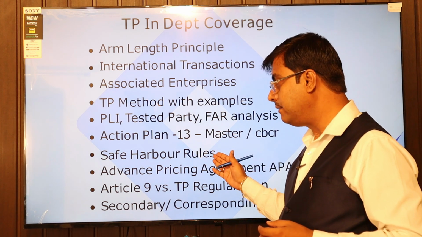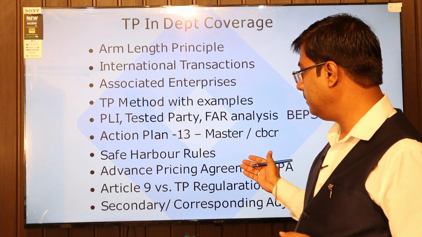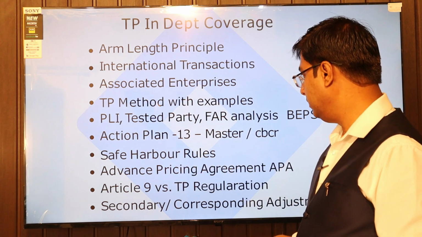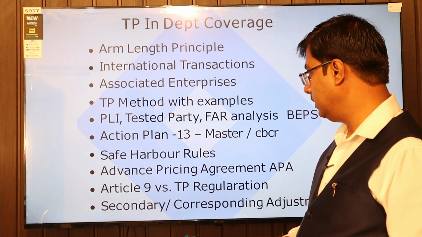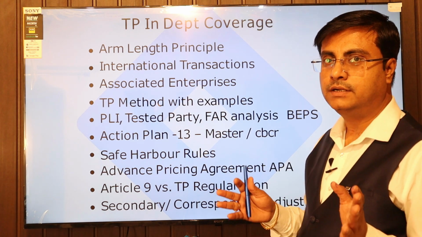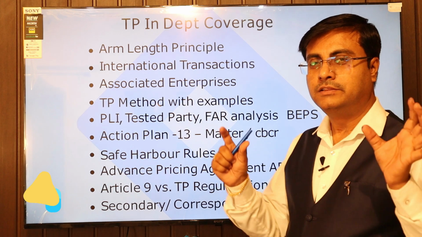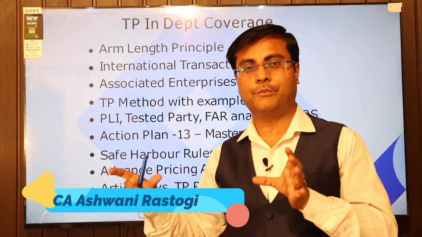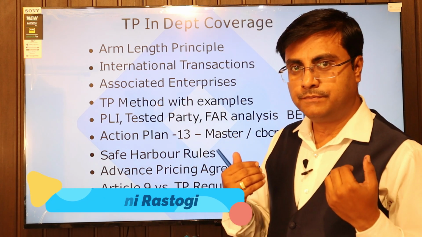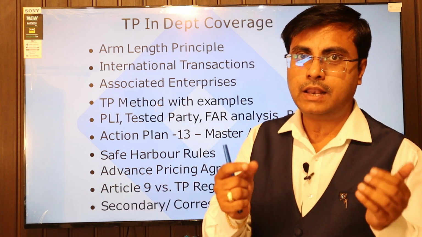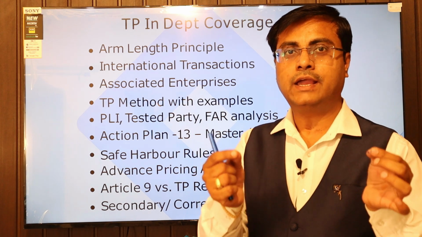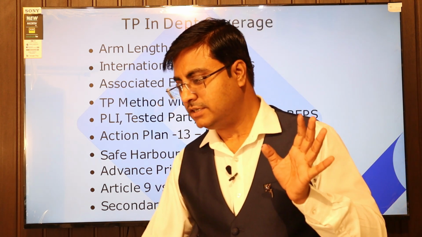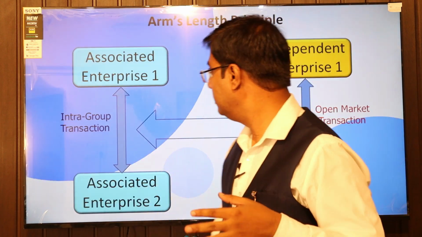We will see the safe harbor rule, advance pricing agreement, Article 9 of the OECD model convention compared with the TP regulation, and what secondary adjustment and corresponding adjustment are. This is a brief, very important and very tough topic. I will discuss it in layman's language so you can understand the tough law. So just bear with me.